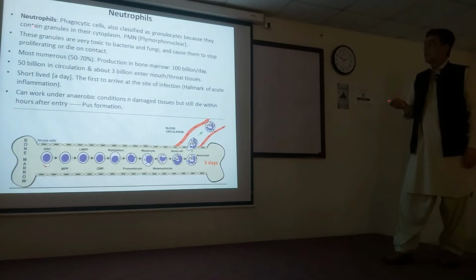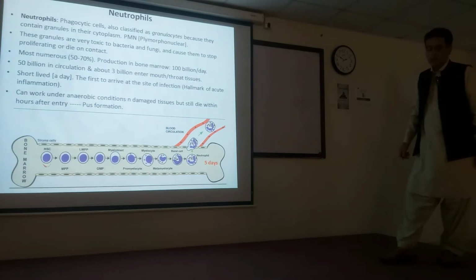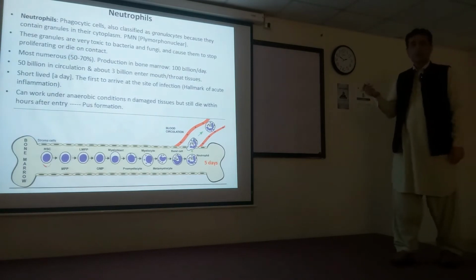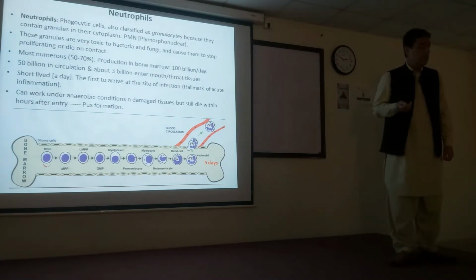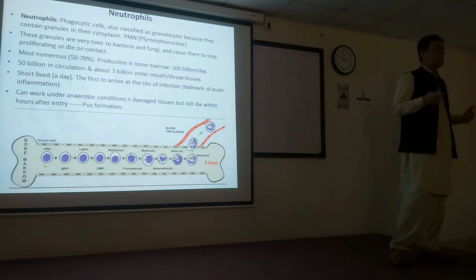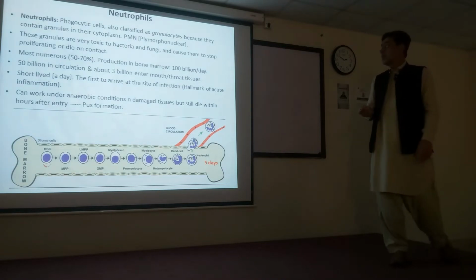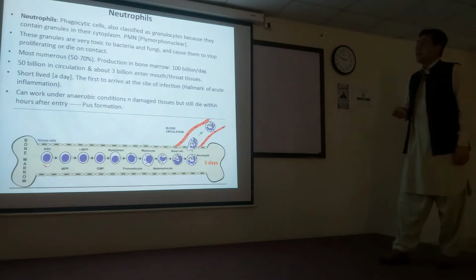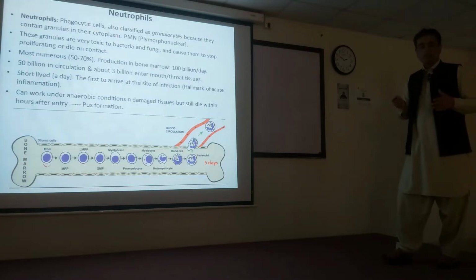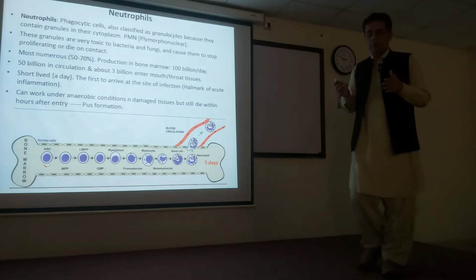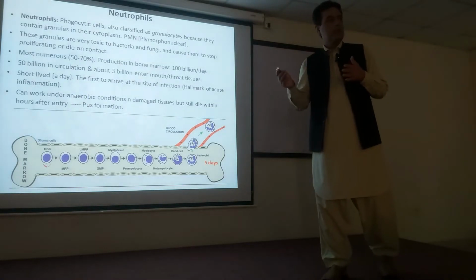Neutrophils, as you know, are phagocytic cells. And if you remember the previous lectures, I told you that these are granulocytes. They contain different types of granules that we will be talking about. We call them polymorphonuclear cells because of the peculiar morphology of the nucleus.